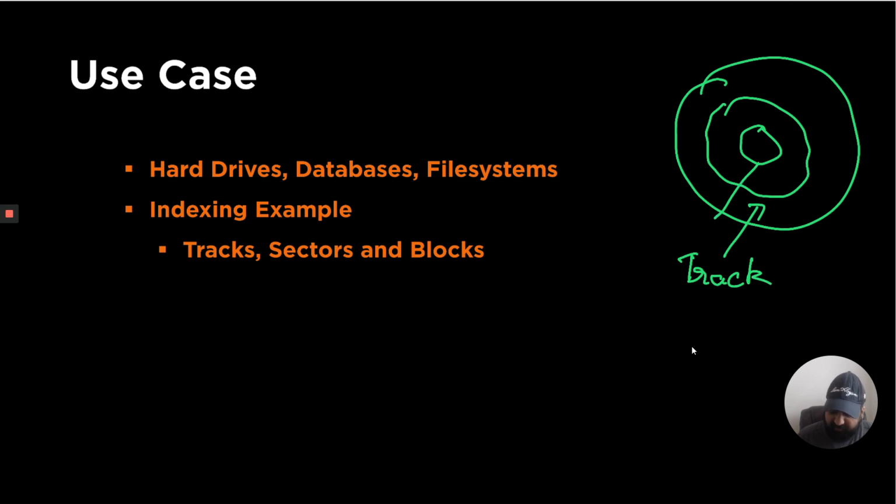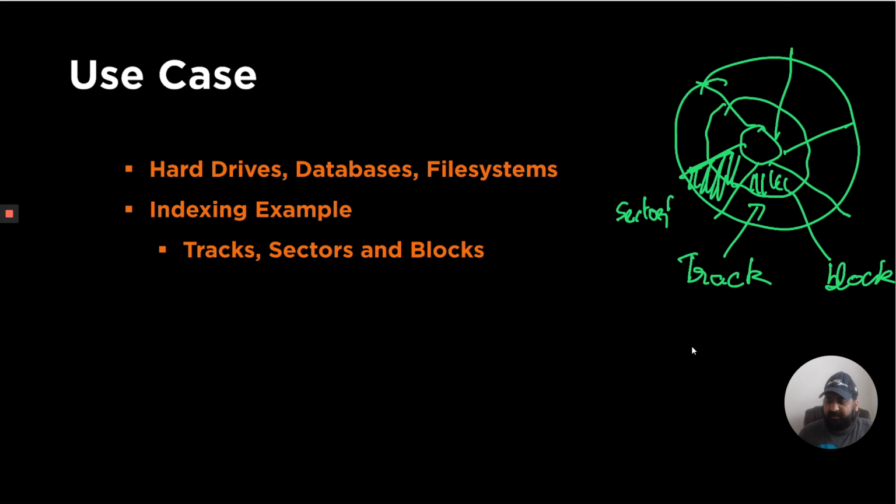Also, it has different sectors. So you have sector 1, sector 2, sector 3, and so on. This entire chunk is one sector. Now an intersection of a track and sector is a block. So this is just one block.